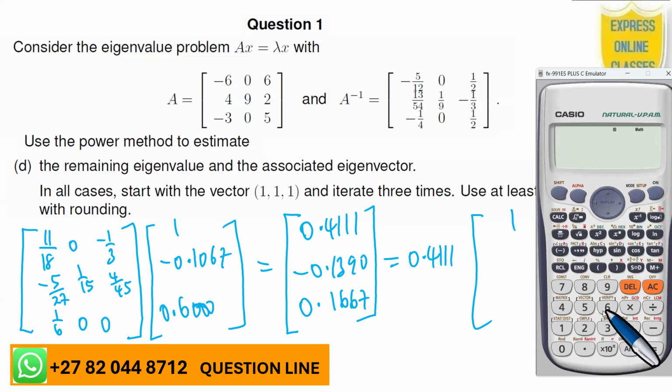Right, so which is 0.1390, which is 0.4111.